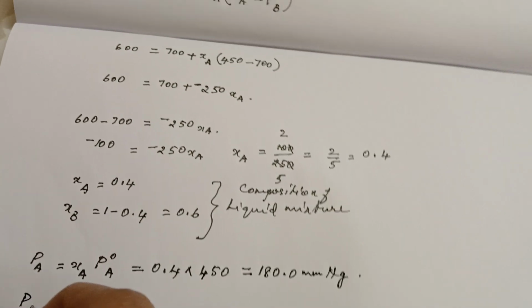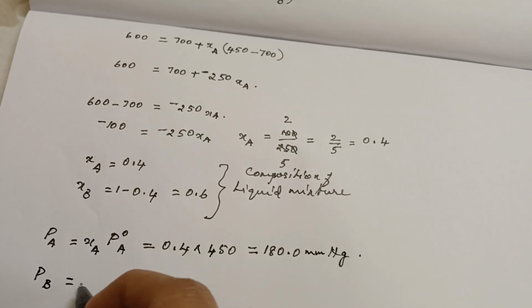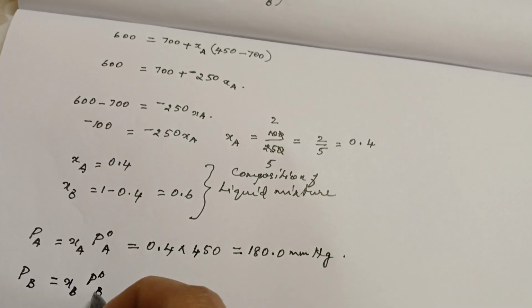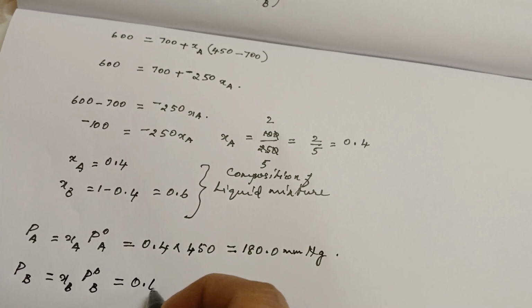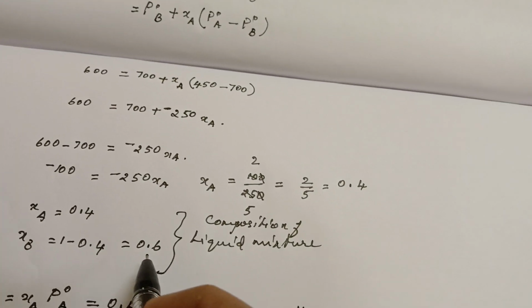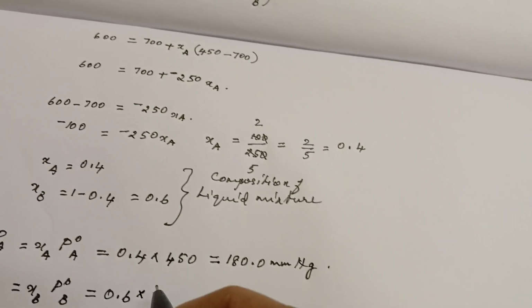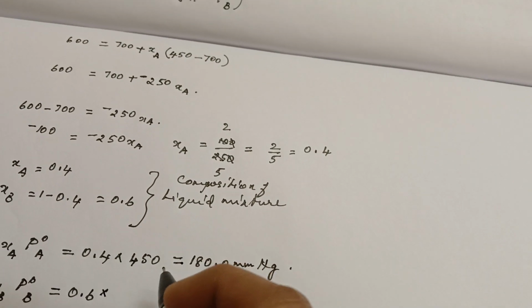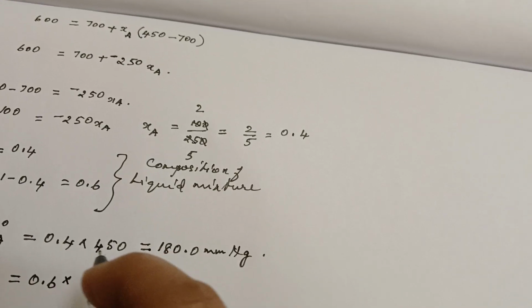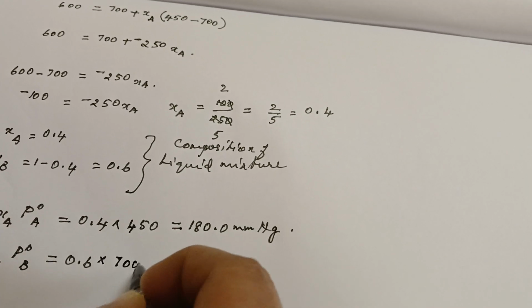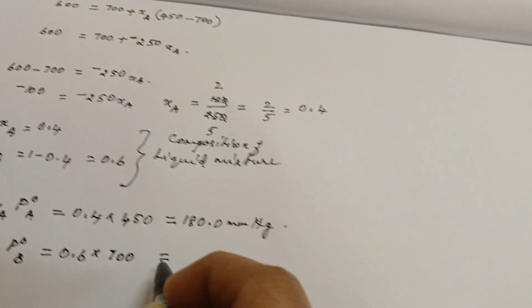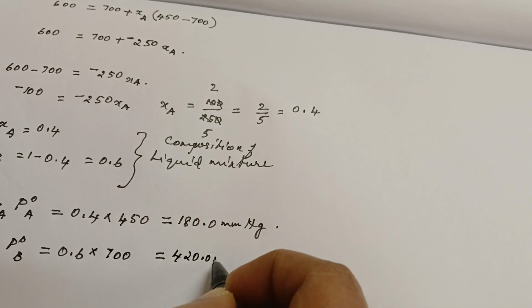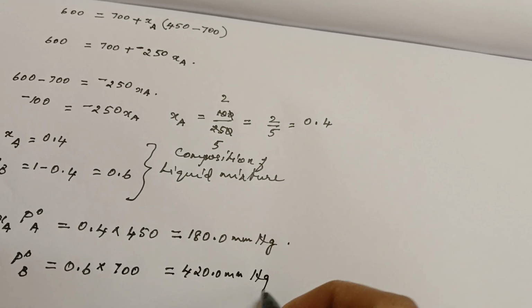And partial pressure of B, PB, is equal to XB into P0B. That will be 0.6, which is XB, into the vapor pressure of the pure liquid P0B, which is 700 millimeters of mercury. When calculating we will get 420 millimeters of mercury.